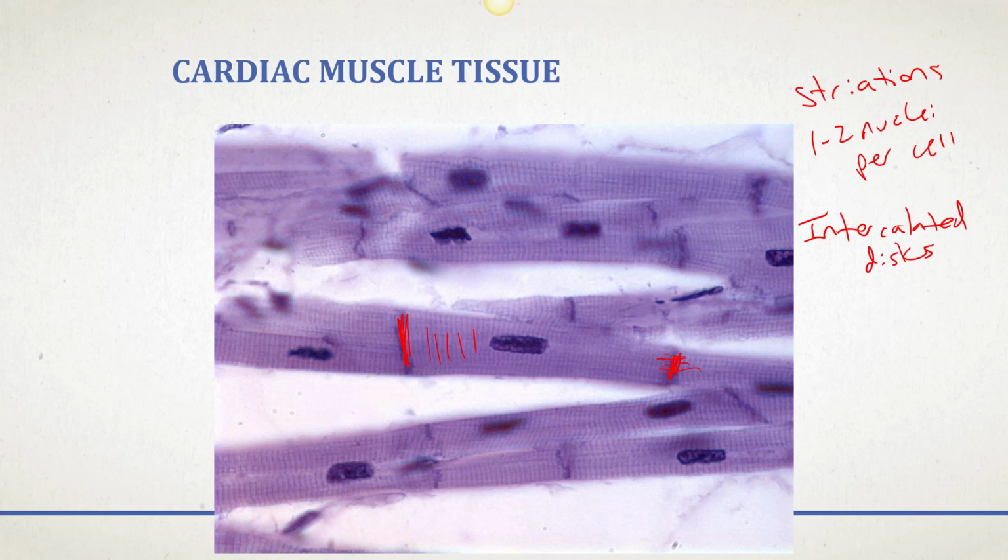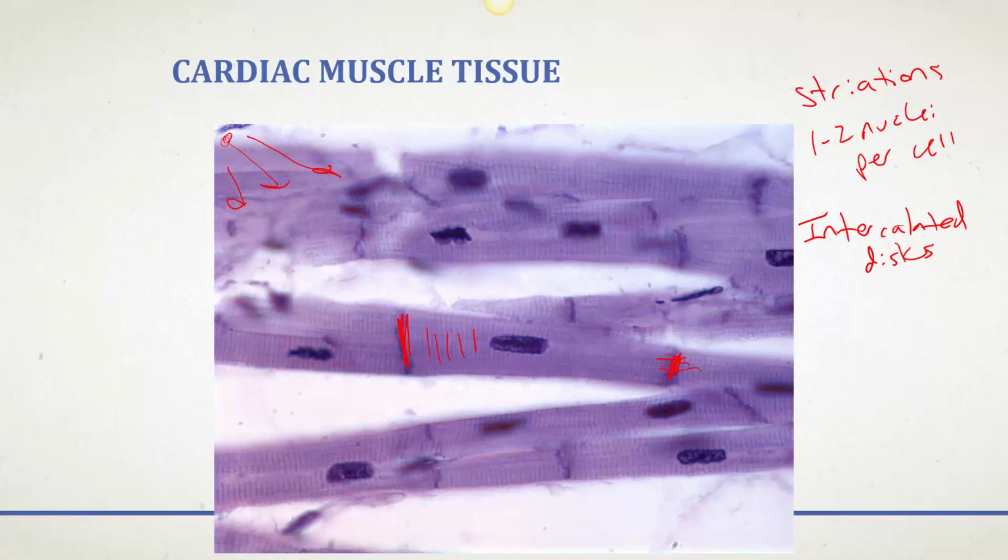When we want to contract the heart, a signal starts, let's say, up over here in a region of the atrium. And this signal gets spread to the atria. And all of the cells in the atria have to contract in unison at the same time in order to push blood down into the ventricles.